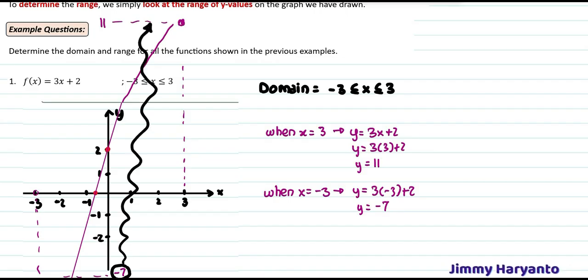So we can say that the range is negative 7 less than or equal to y less than or equal to 11. This is how you determine the range of a function.